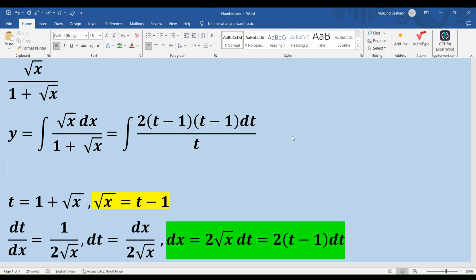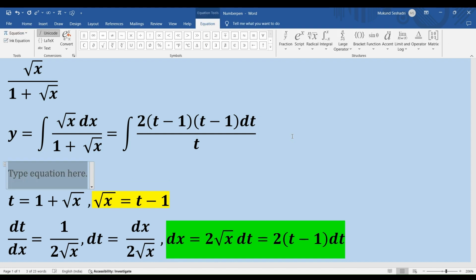Now I'm going to expand using the a minus b the whole square formula, and then I'm going to decompose this entire y and then apply some rule to solve this particular integral, right? So when I expand t minus 1 the whole square, what does my y become?